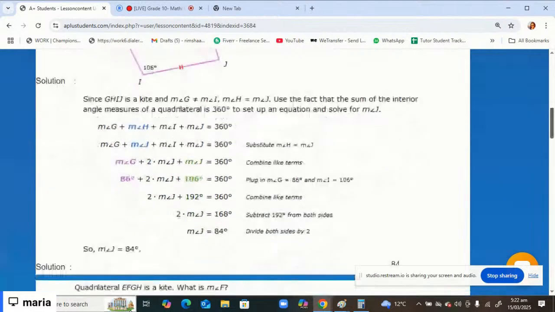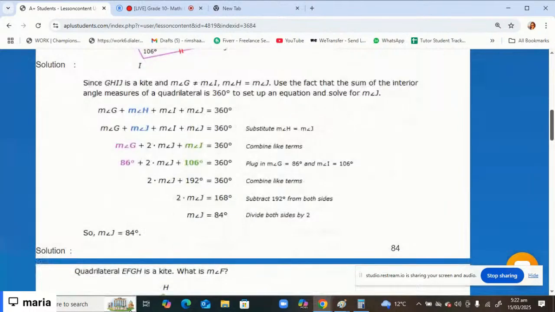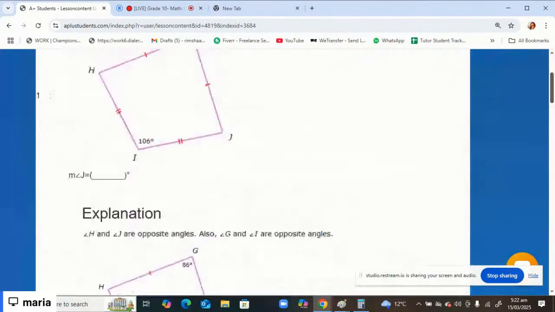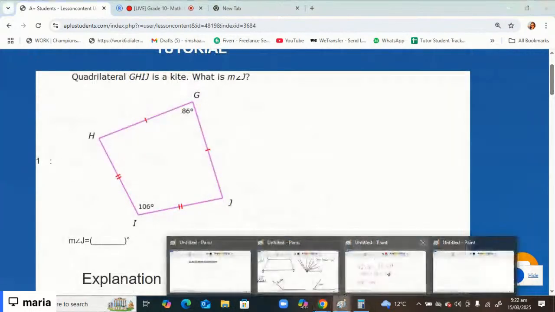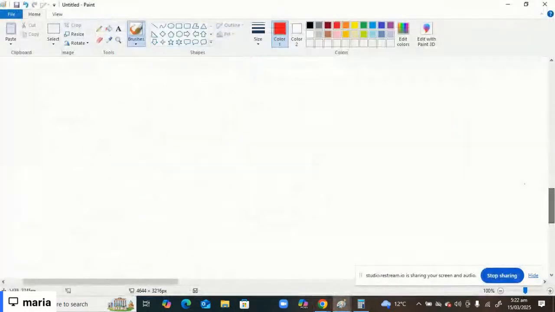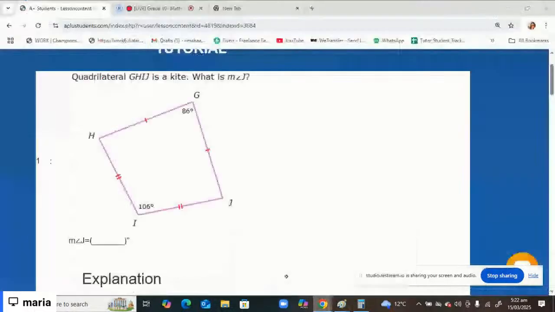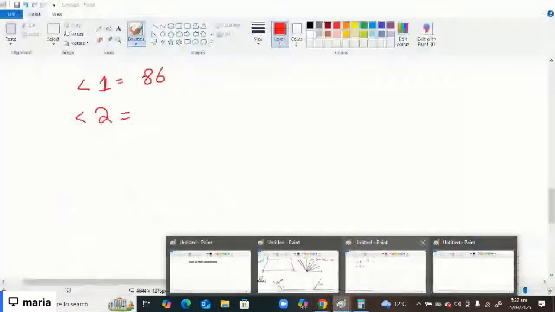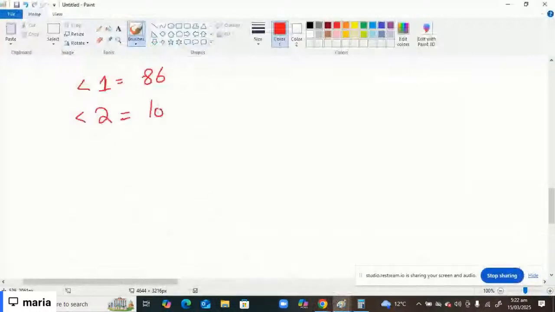So we add up these two angles, subtract from 360, and then divide, because the other two are equal. For example, angle 1 is 86, and angle 2 is 106.